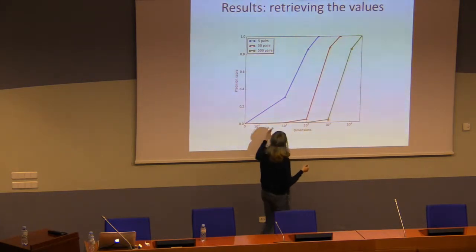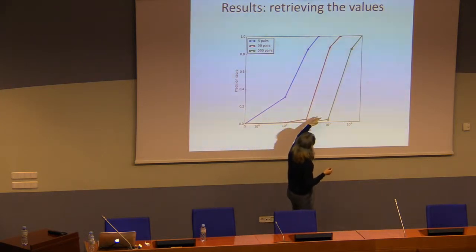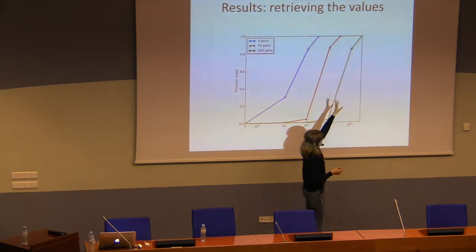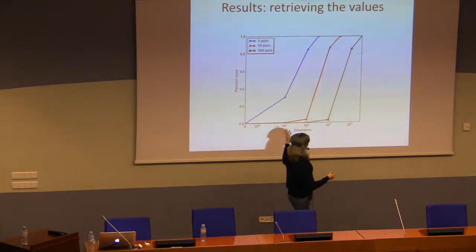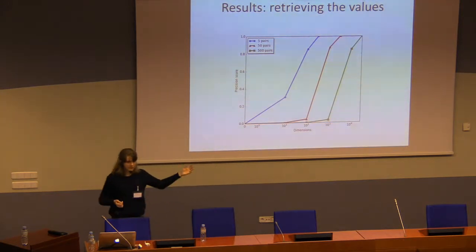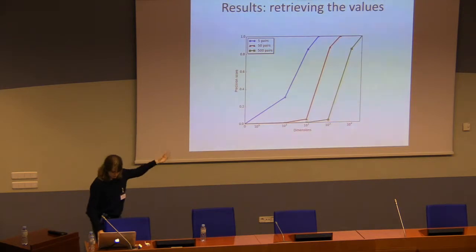And then the same goes for 50 pairs, it's a bit more. That's probably around 3,000 there. And it's something like 30,000 for a really large 500 pair structure. But you can reliably get these values back, given that dimensionality is sufficiently high, as you can see here.